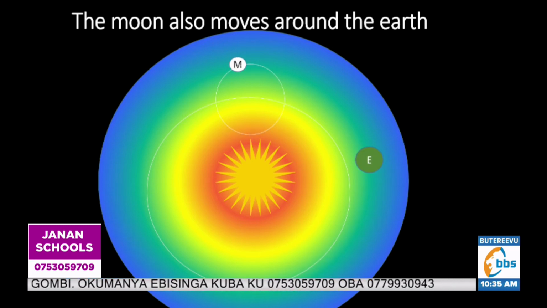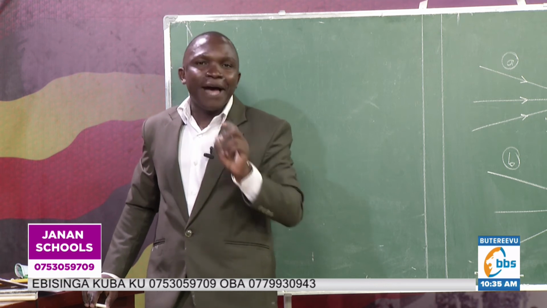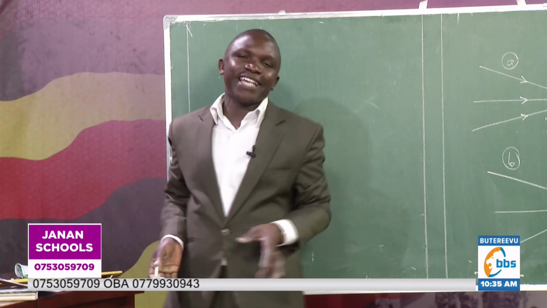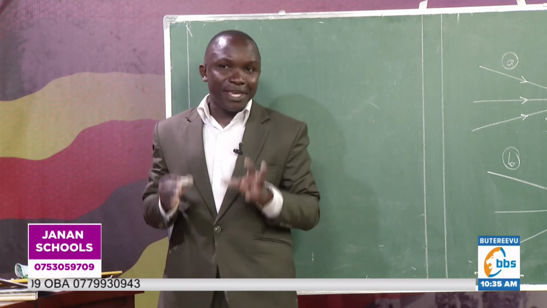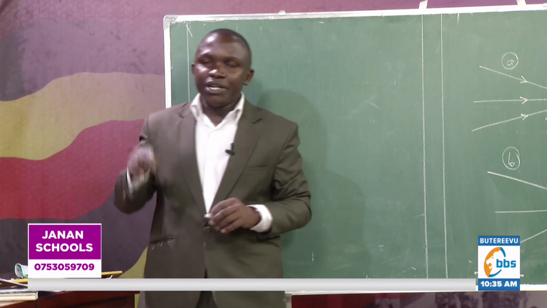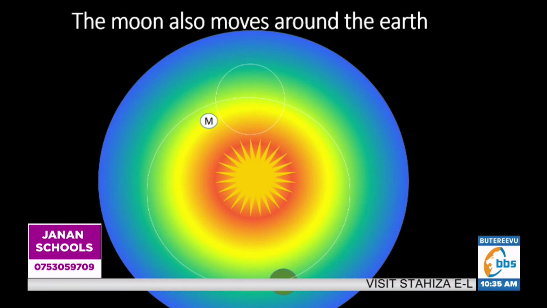I think you can see how big the Sun is. So the Moon, when it is moving, it revolves around the Earth, and it is the Earth that moves around the what? The Sun.